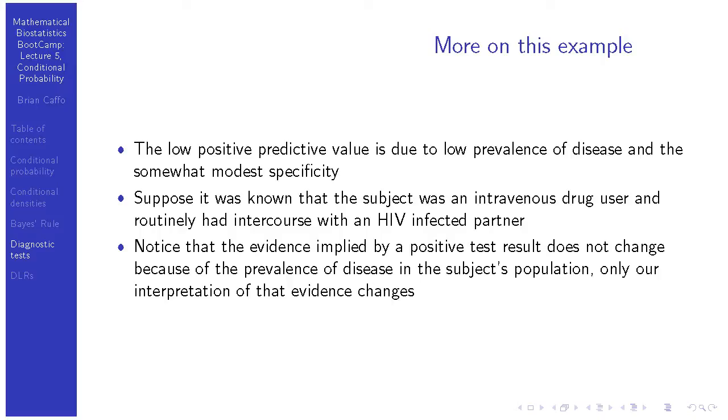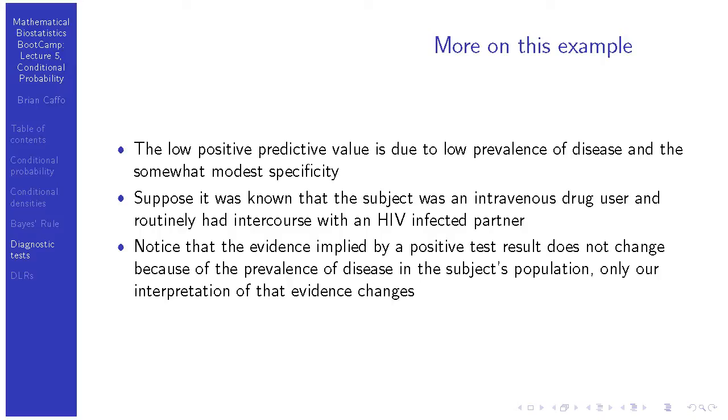Well, it's basically the low positive predictive value is due to the low prevalence of disease and the somewhat modest specificity. It's not so bad. And in this case, this is what Bayes' rule actually does for us. You start out with prior information, basically, a very low probability of thinking that this person has the disease.